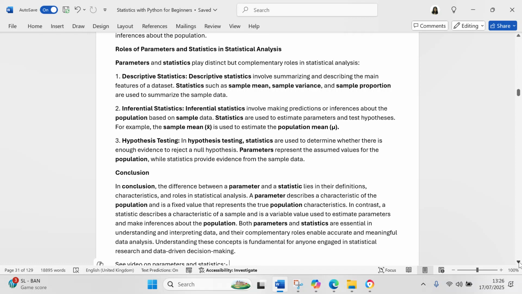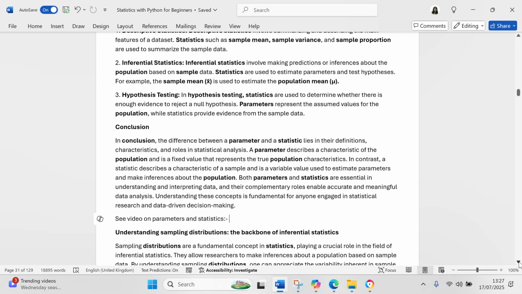And in hypothesis testing, statistics are used to determine whether there is enough evidence to reject a null hypothesis. Parameters represent the assumed values for the population, while statistics provide evidence from the sample data.